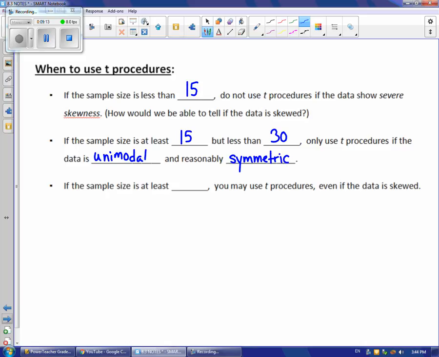Now, if your sample size is at least 30, you can proceed to use your t procedures even if your data is skewed. So 30 or more, you are good to go.